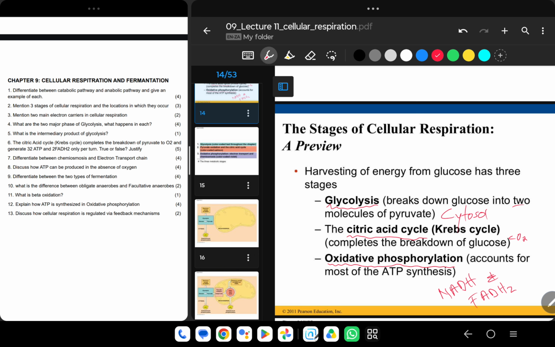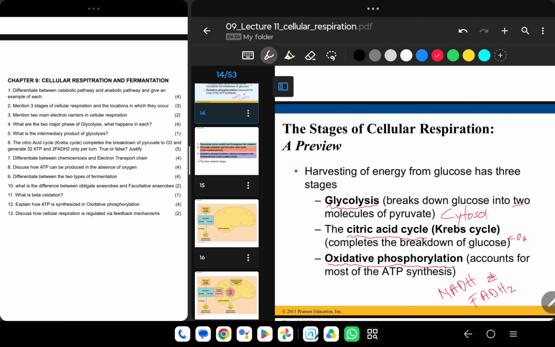Moving on, question number 4 says, what are the two major phases of glycolysis and what happens in each phase? The two major phases of glycolysis are the anaerobic phase and the aerobic phase. So glycolysis can be either aerobic or anaerobic.